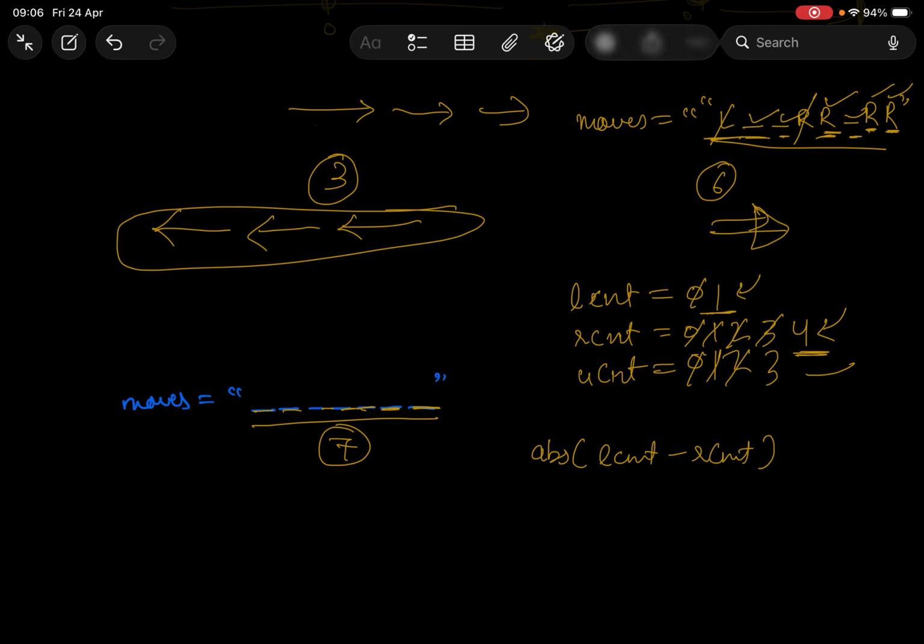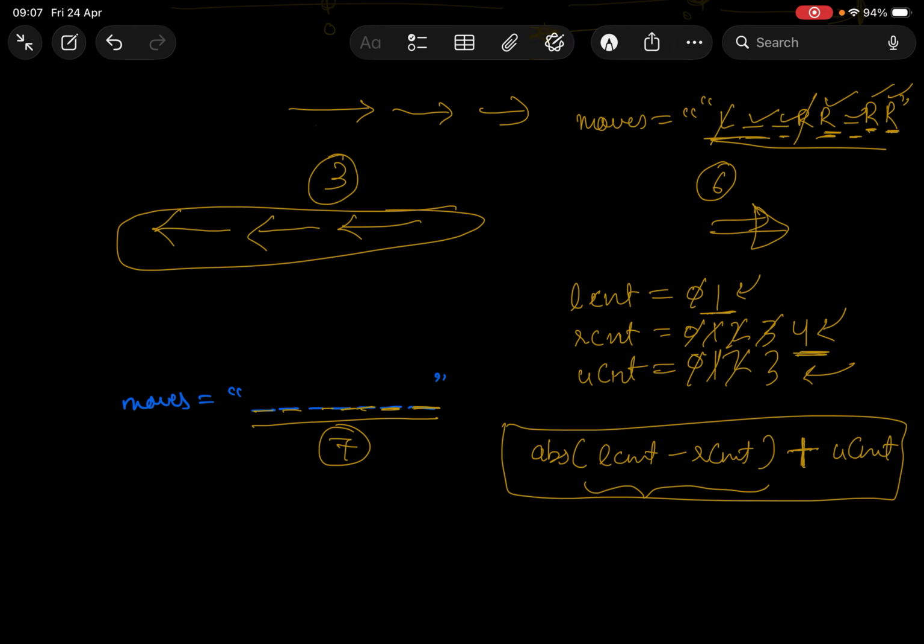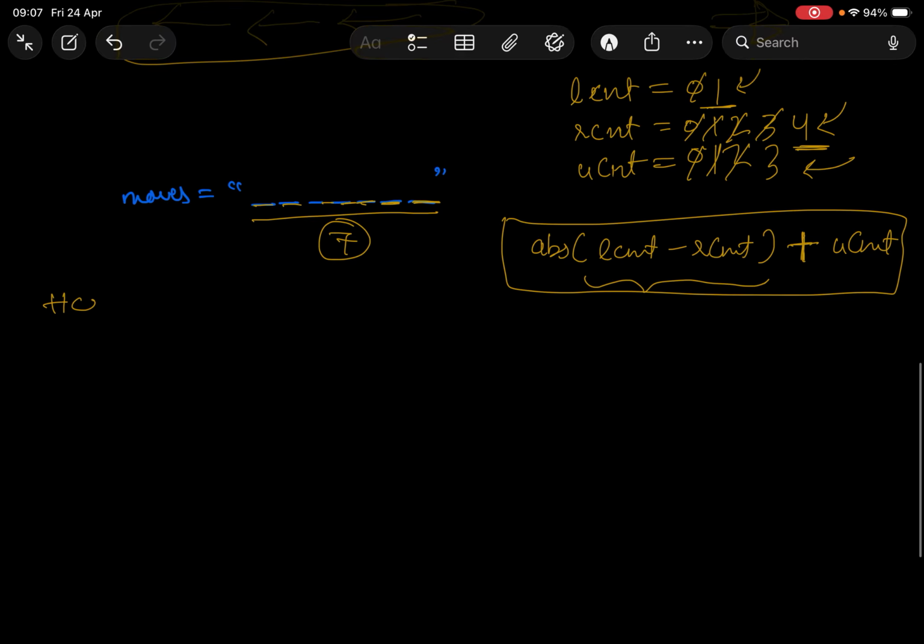This gives me the maximum in whichever direction we can go. Plus, in whichever direction we are going, we will move the underscores in the same direction as well. So this plus U count will give me the furthest distance that I can go. Okay, so now let's write the code for this.